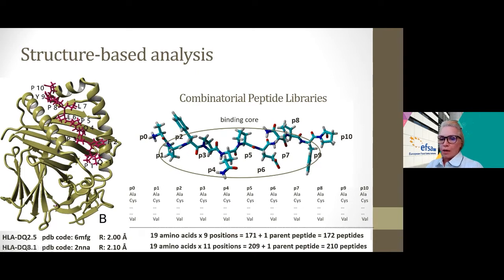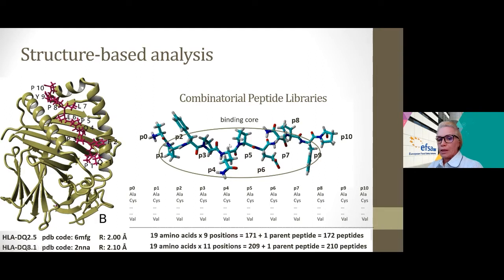Two combinatorial libraries were constructed. The first one contained monomers, so it covers only the binding core, the amino acids from position 1 to position 9. And it contains 172 peptides.